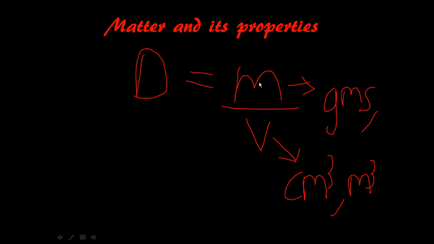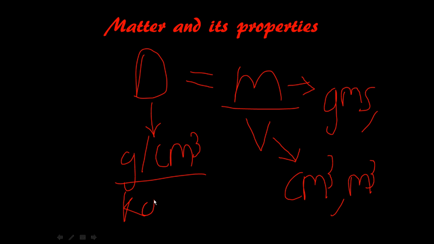So from this you can easily derive the unit of density, that is grams per centimeter cube, or another unit is kg per meter cube.